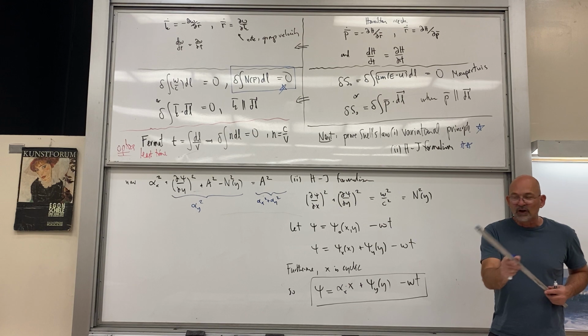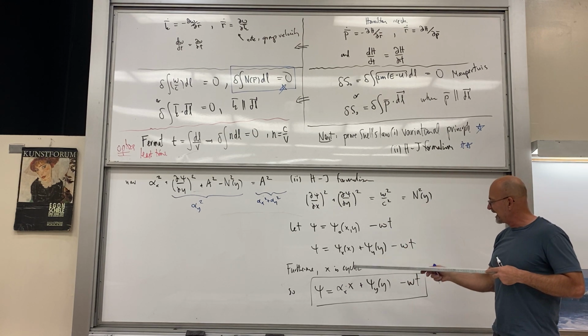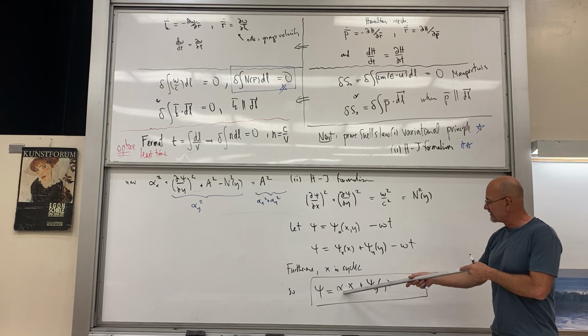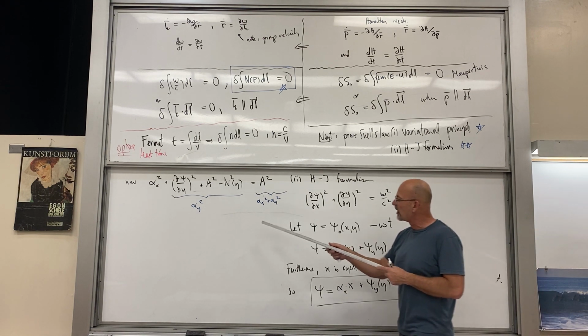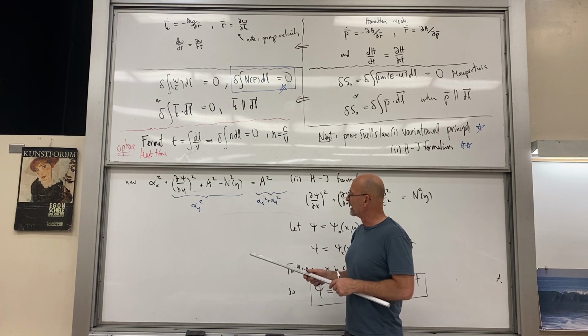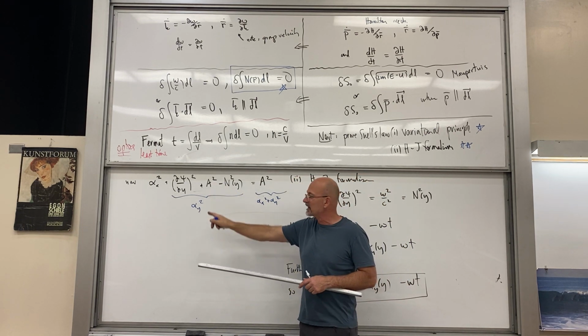Same point here that we just had with the variational principle. Namely, these constants here, like these alpha x and the alpha y, they are constants across the boundary. This n of y, of course, is again a step function.